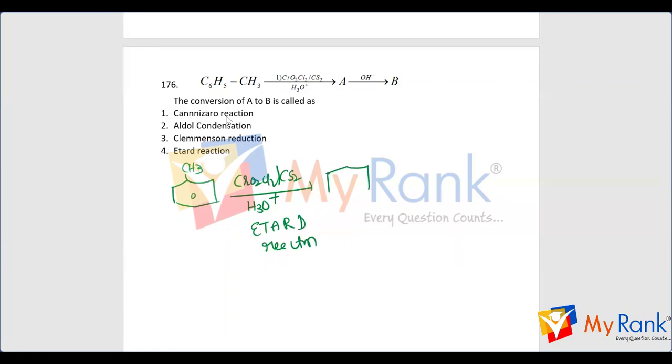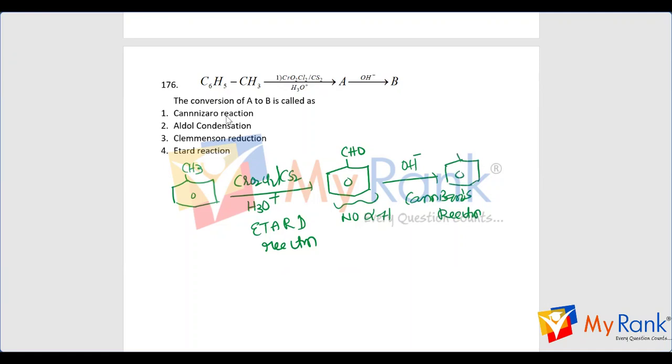The product is benzaldehyde, one of the most important preparations of benzaldehyde. Next one is OH minus, this is a base, and the product B is formed. Now, what is the product here? This is benzaldehyde, with no alpha hydrogens. Therefore, the second reaction is Cannizzaro's reaction.